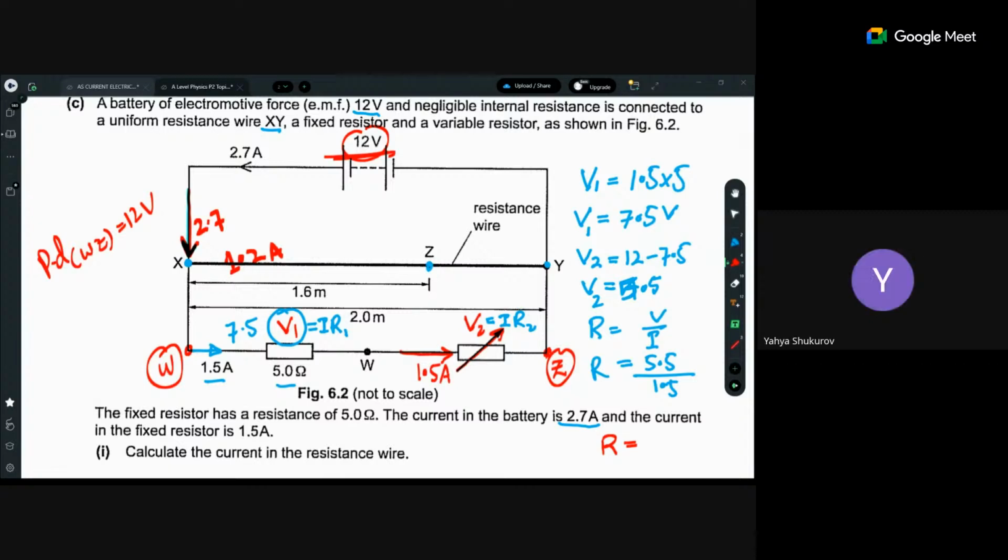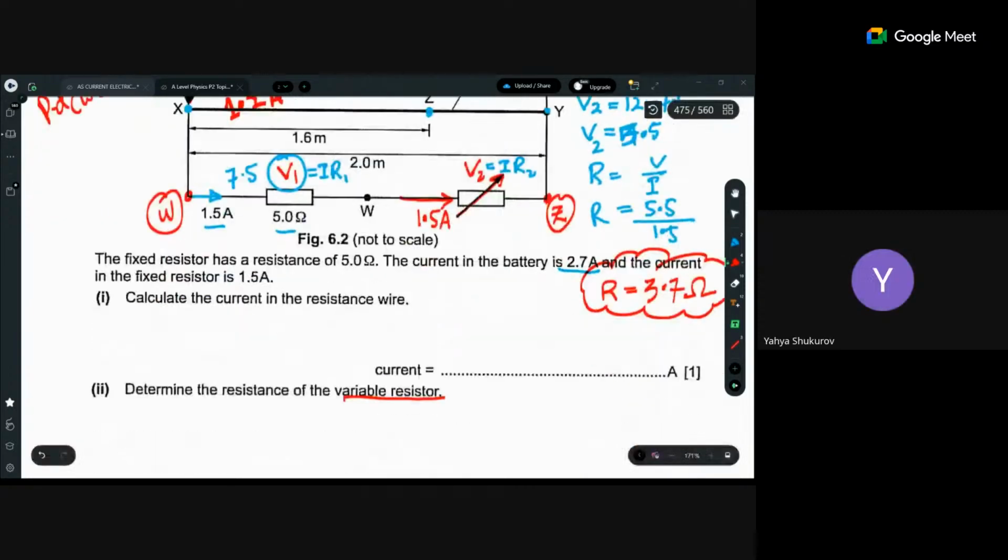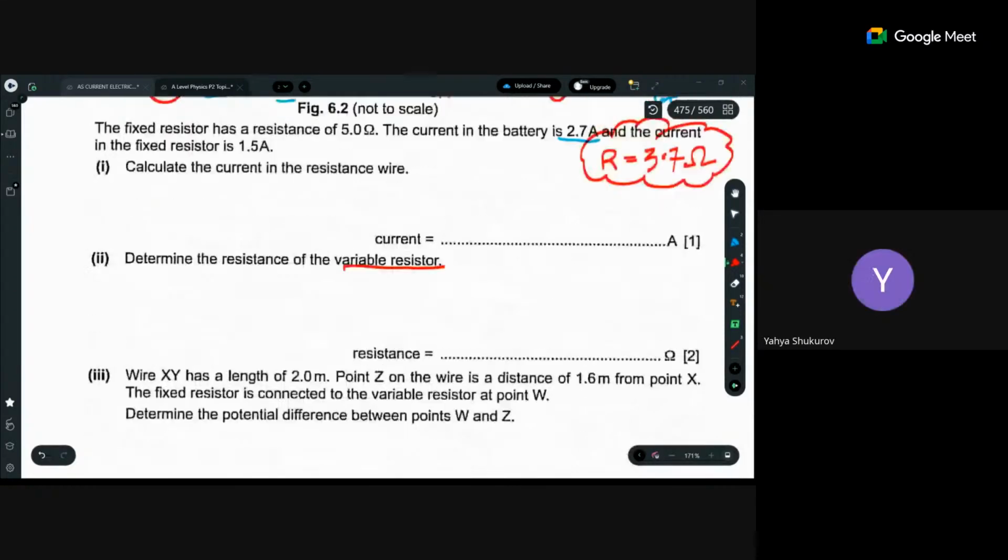I will just use the computer calculator. 3.7. Why don't you have another calculator too? Is it clear to all?